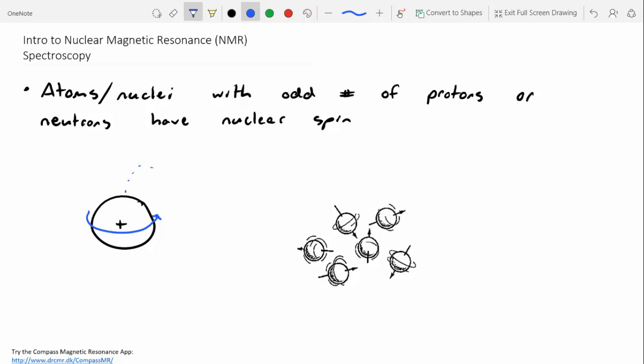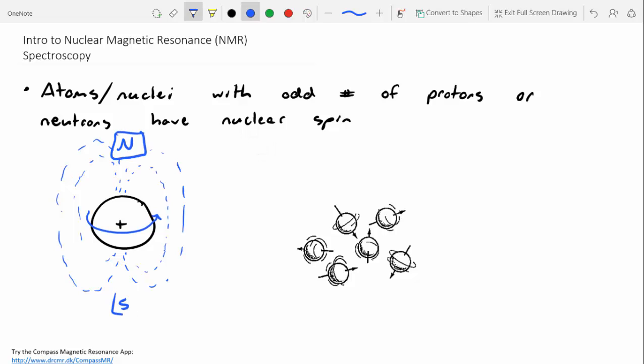So nuclei actually have this, where they've got this magnetic field that is exuded going up and down. So just like with magnets, you'd have your north pole and you'd have your south pole. And if you've taken physics, you can actually follow that thumb rule, right? I think I'm doing it the right way. I haven't taken physics in a while.